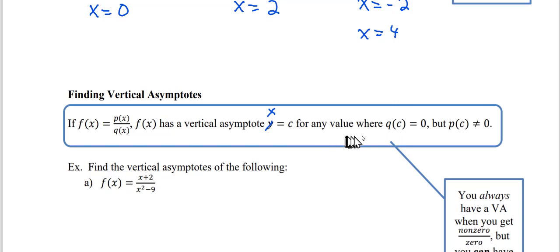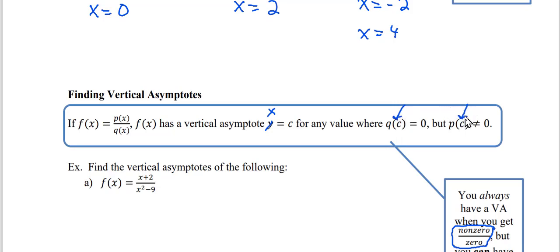For any value c where q of c is equal to 0, but p of c is not. So here's the idea. If the denominator is 0, but the numerator is not. So that's what we're talking about here. You get a vertical asymptote if you have a non-zero number over 0 when you plug c in.